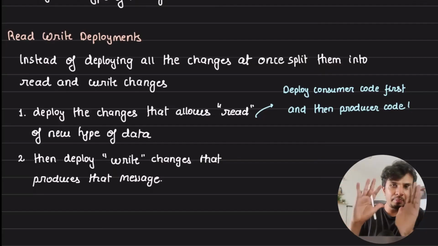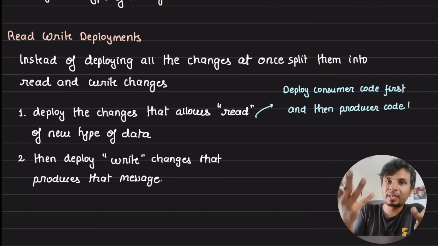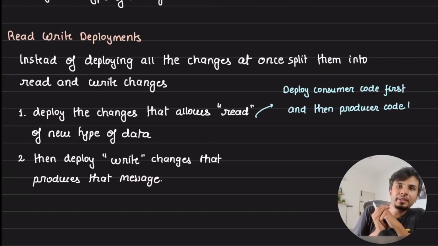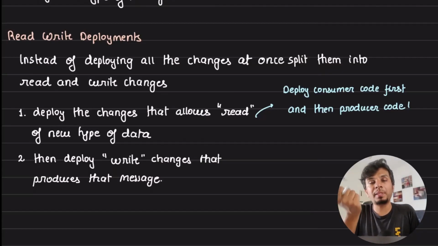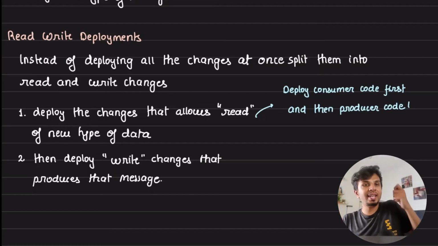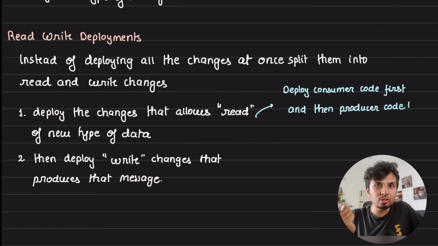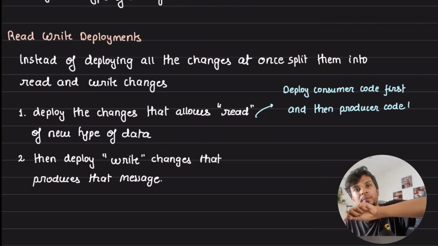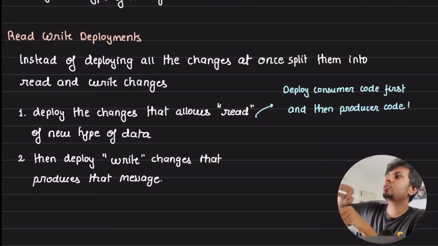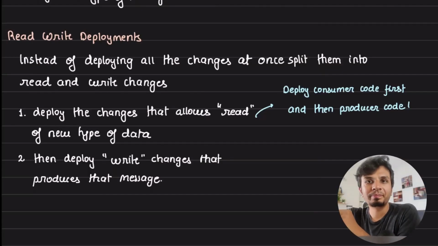In simple terms, in the message broker example, first deploy the consumers that have the capacity to handle the new type of messages, and then deploy the producers who produce that type of messages. So you would never have a situation where your producer has produced a message of a new type that your consumers don't know how to consume.